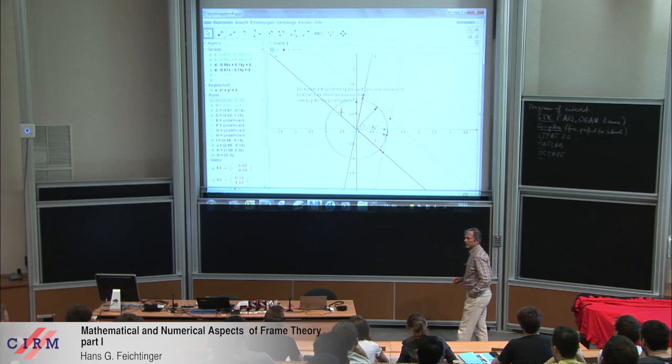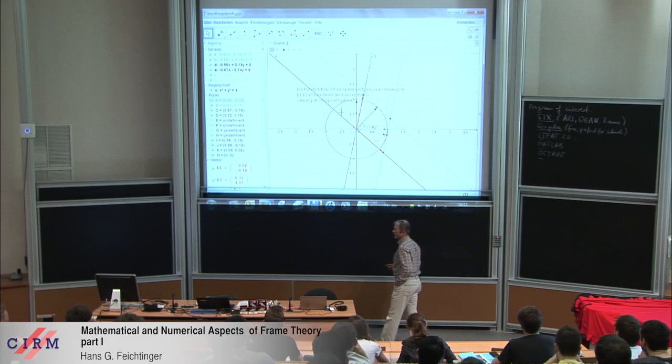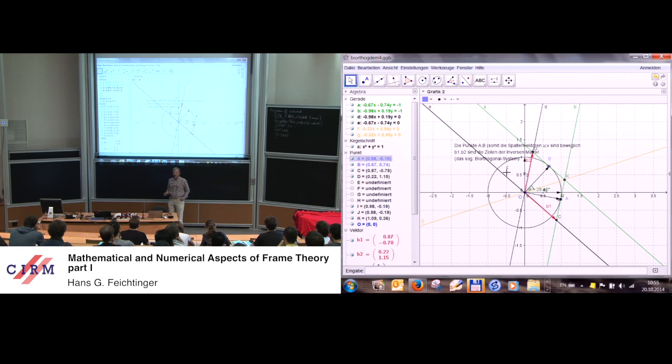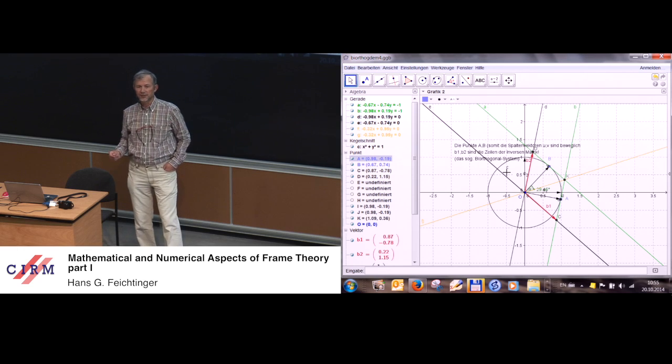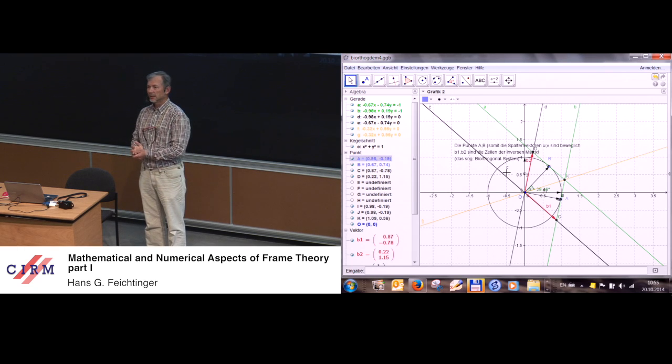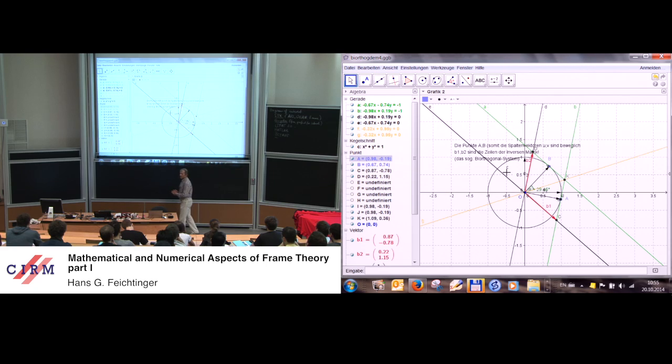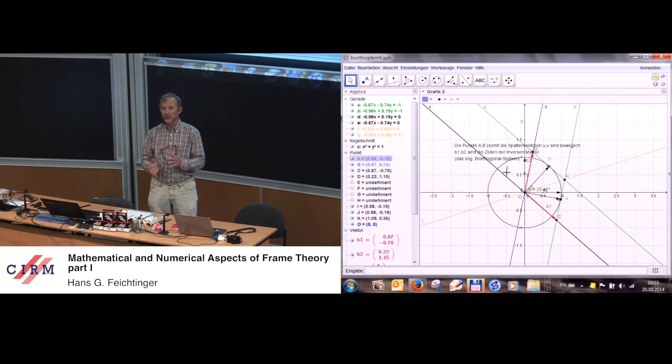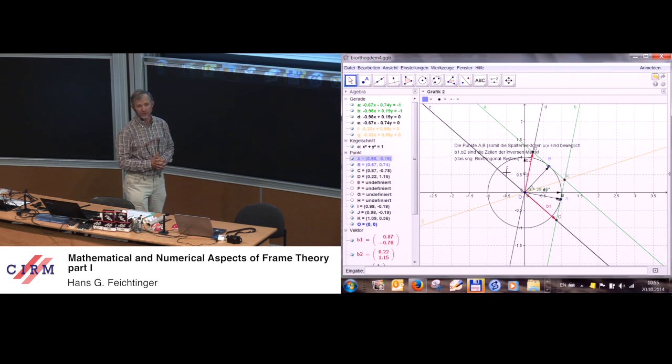GeoGebra grew out of a master thesis a couple of years ago at the University of Salzburg. Mr. Hohenwarter is now a professor at the University of Linz. And as you can imagine, GeoGebra is a mixture of geometry and algebra. Nowadays, I would say you can do everything that you have to do for school purposes with GeoGebra and also a little bit of linear algebra, polynomial plotting or so.